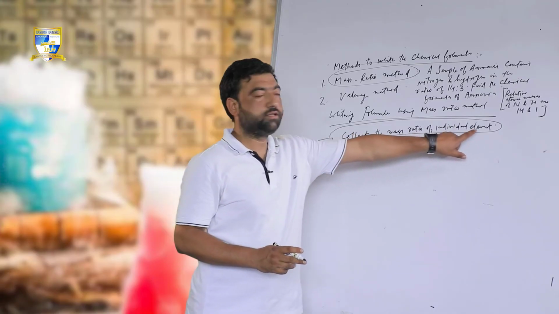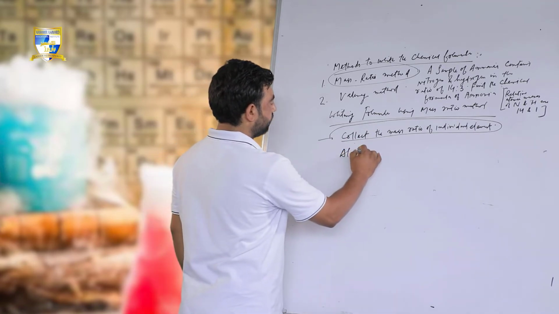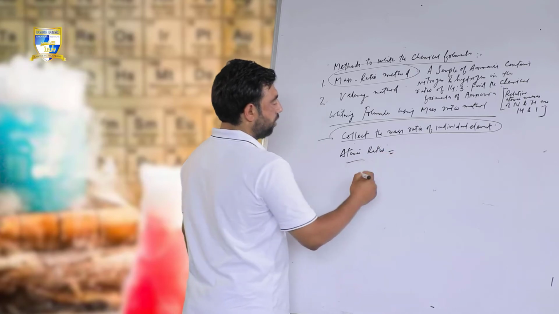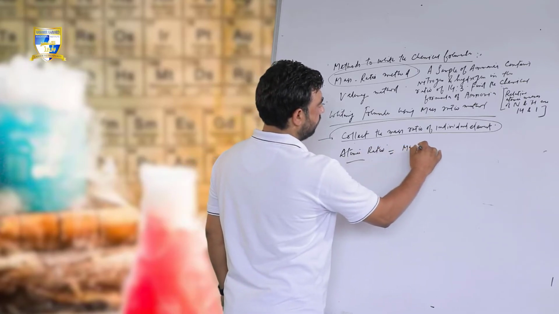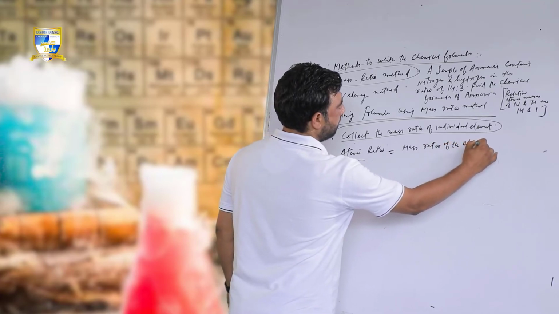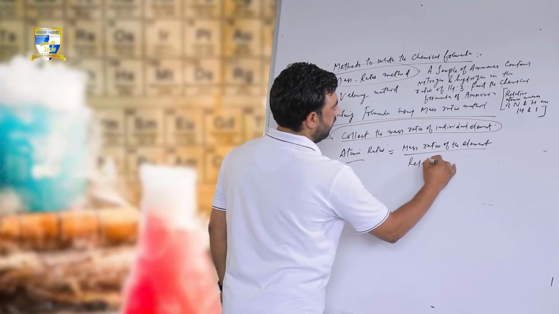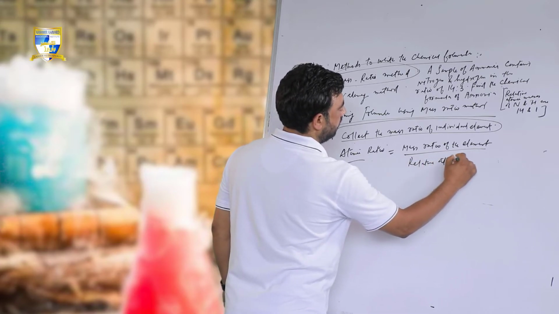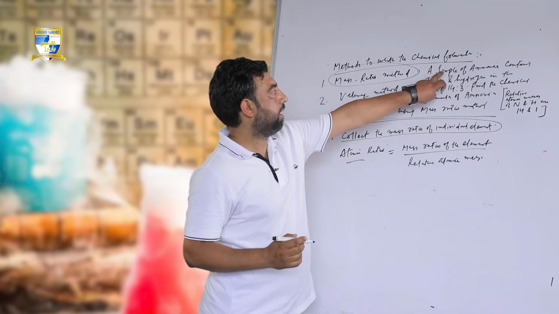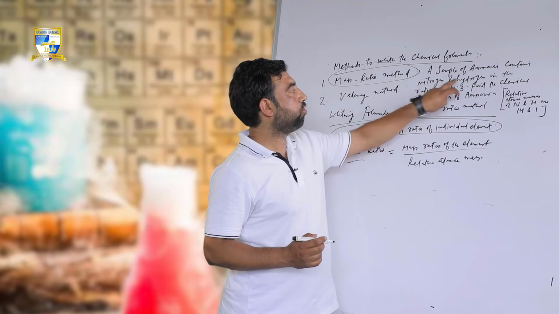After collecting the mass ratio of each individual element, then we have to find the atomic ratio. And I told you atomic ratio is equivalent to the mass ratio of the element by the relative atomic mass.